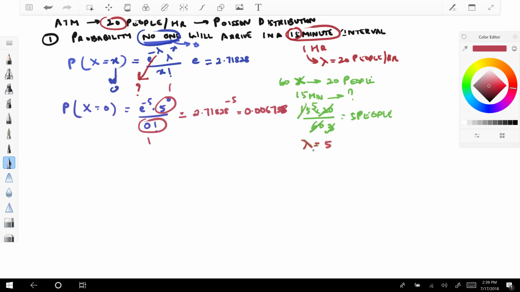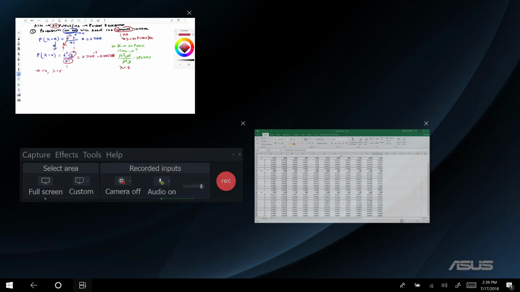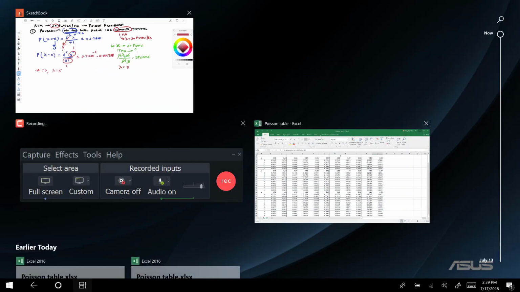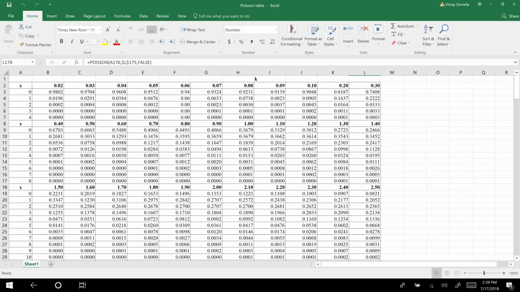So this is how we calculate. There is another way you can calculate this. Our small x is equal to 0, and our lambda is 5. So we have a Poisson distribution table. This is a probability distribution function table.